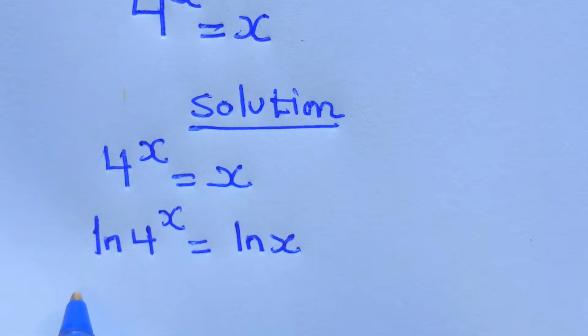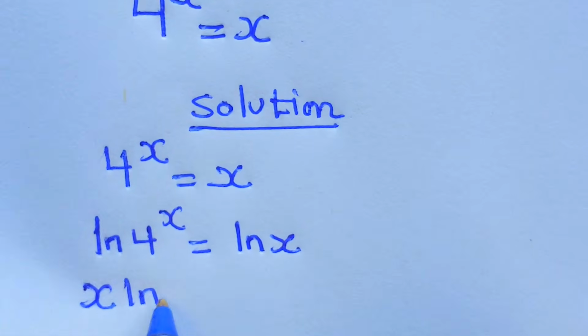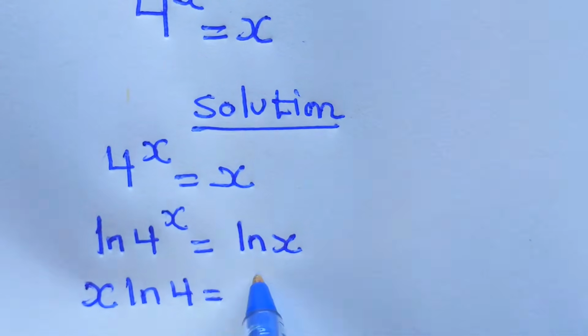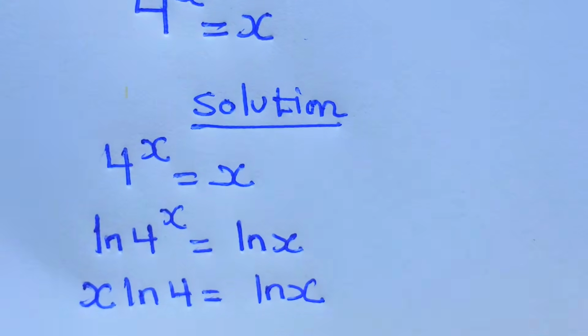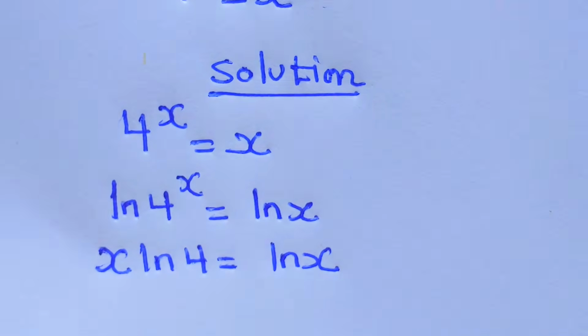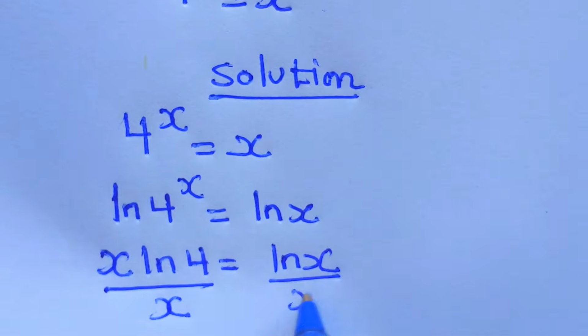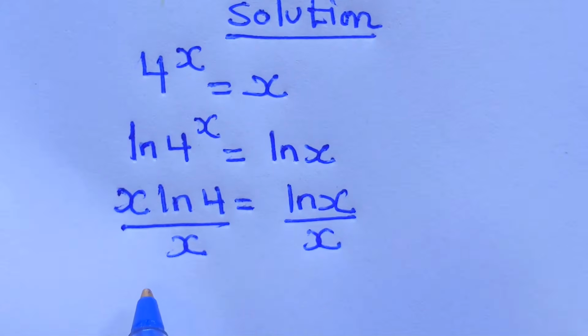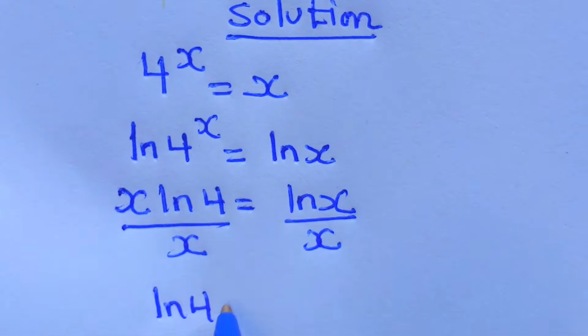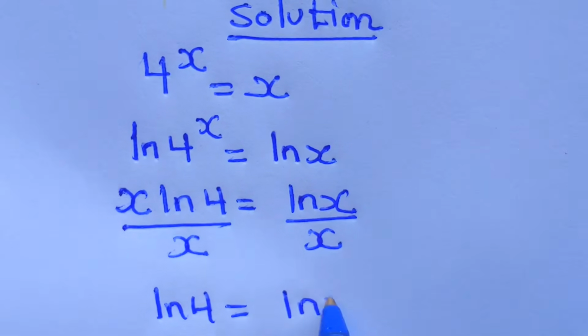So here we have x ln 4 equals ln x. Now we can divide by x, so we get ln 4 equals ln x over x.